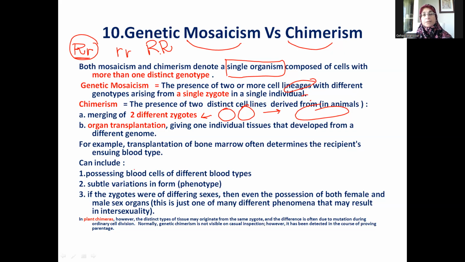organ transplantation. For example, when we transplant bone marrow, which is a tissue inside the bone cavity that is responsible for formation of blood cells, if you transplant bone marrow from a donor, and that donor is, of course, a different individual, then all the blood cells that will be produced will give rise to different blood types.